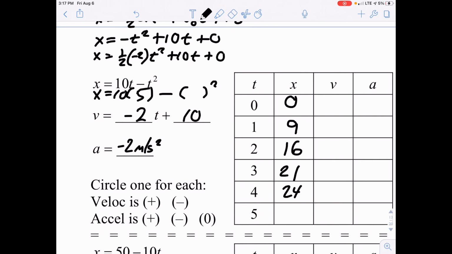And 5, 10 times 5 is 50, minus 25 would be 25. So the difference in the positions is getting smaller and smaller. Kind of tells me we're slowing down a bit right there.